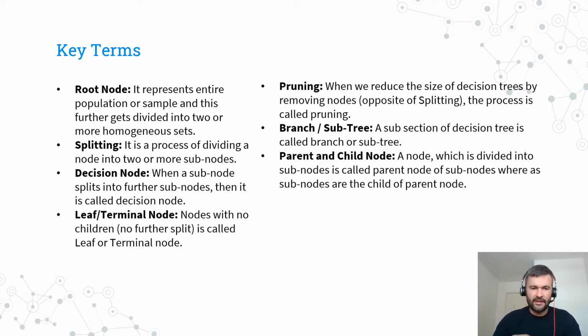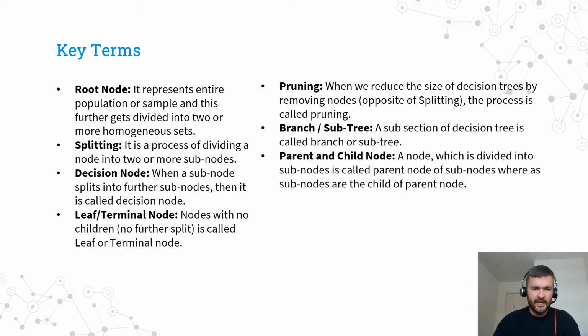Splitting, that's the process of dividing a node into two or more subnodes. A decision node is when a subnode splits into further subnodes, and a leaf or terminal node, which they're pretty much the nodes with no children where no further split is possible.